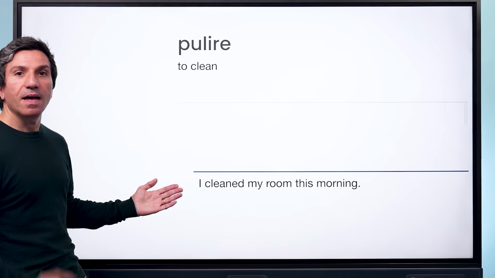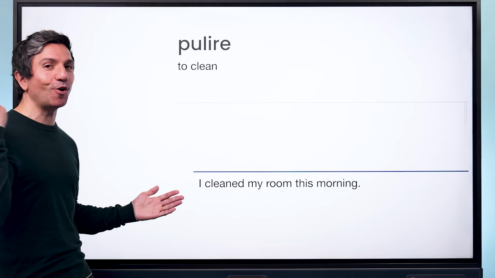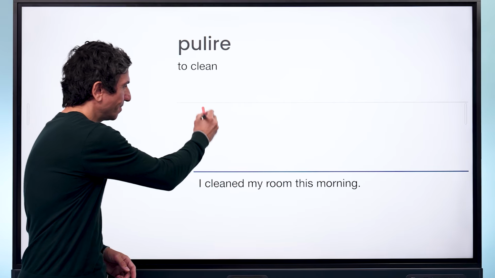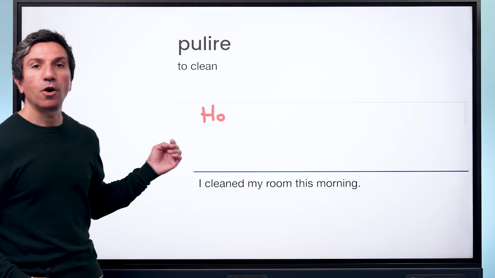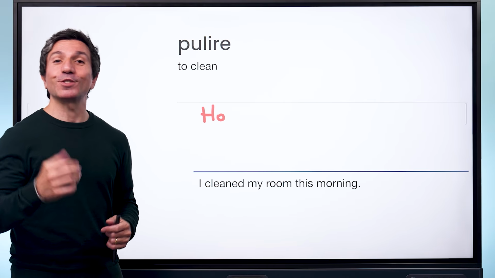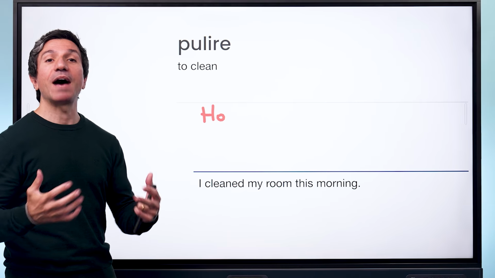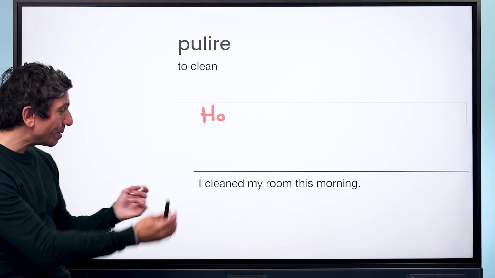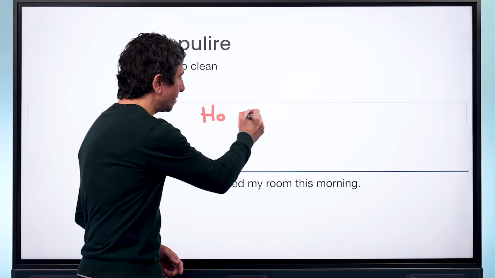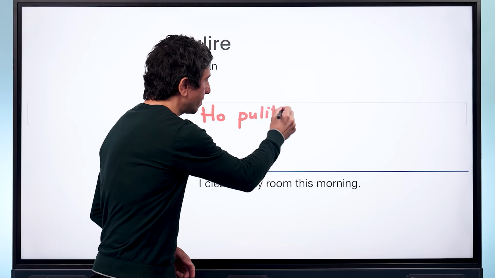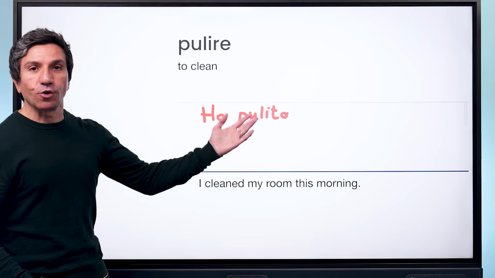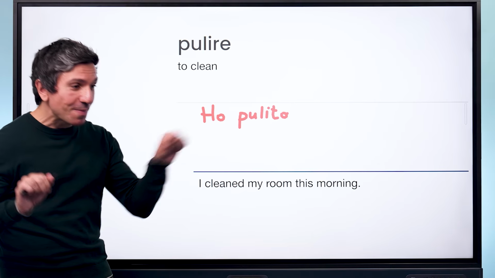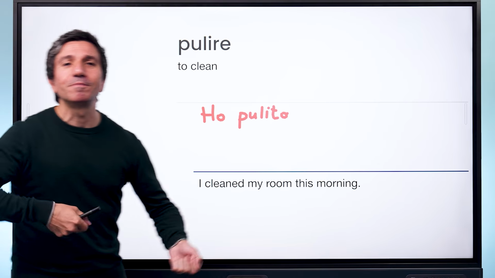Translate: I cleaned my room this morning, into Italian. Ho, the first person singular present of the verb avere, meaning I have, followed by pulito, the past participle of the regular verb pulire, meaning clean.